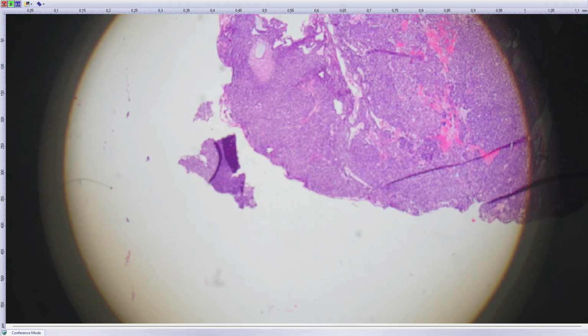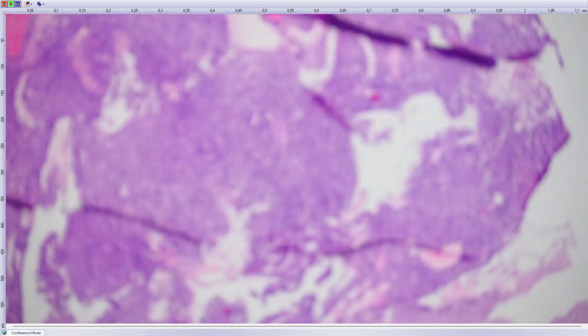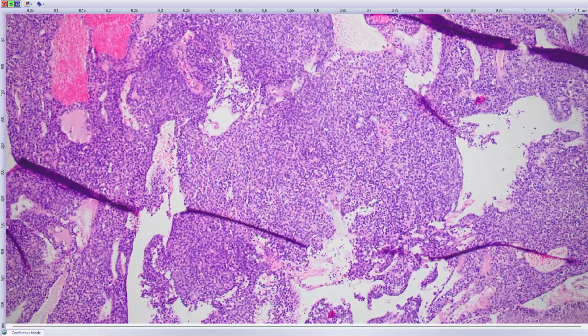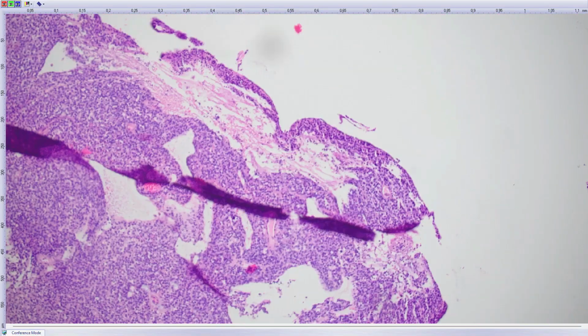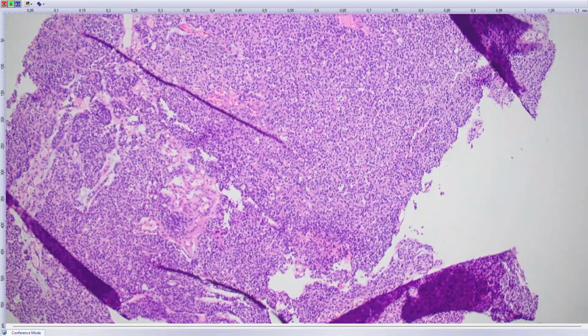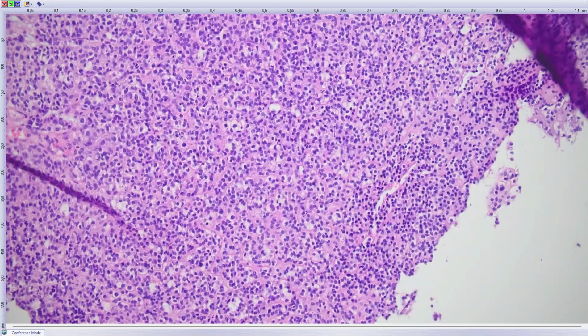Of course, we did a bunch of other immunostains. We did S100 protein, GATA3, TTF1. We also did HNF1 beta because of the focal clear cell features. It's shown here. HNF1 beta should be positive in clear cell adenocarcinomas, but it was negative.